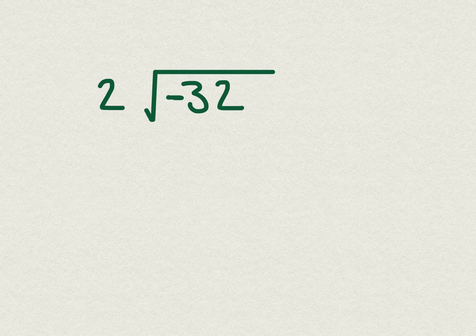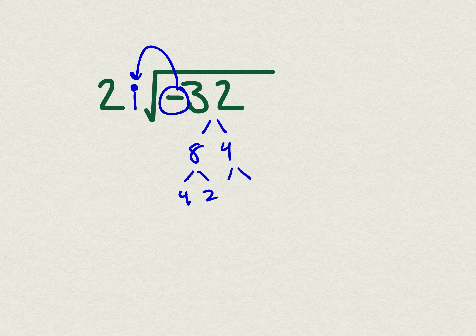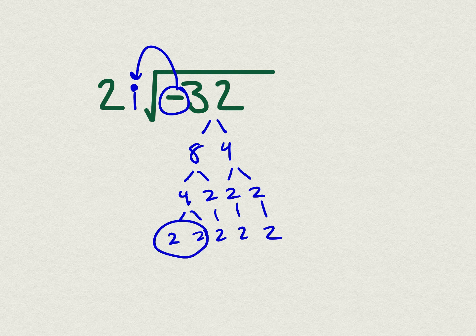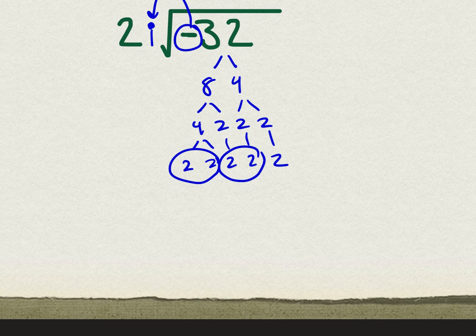All right, so next, what's the first thing I should do? Take out the negative, turn it into an i. What are 2 factors of 32? 8 and 4. 2 factors of 8? 4 and 2. 2 factors of 4? 2 and 2. So I have 2, 2, 2, 2, 2. I can take out 2 pairs of 2s. So how many 2's are coming to the outside? 2.